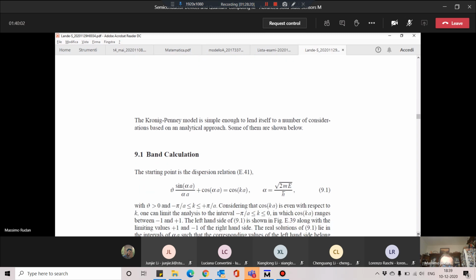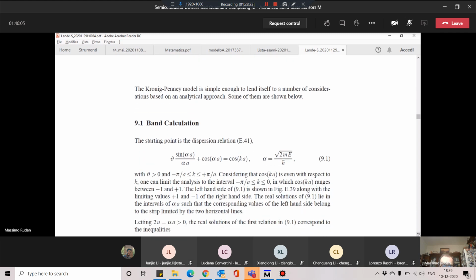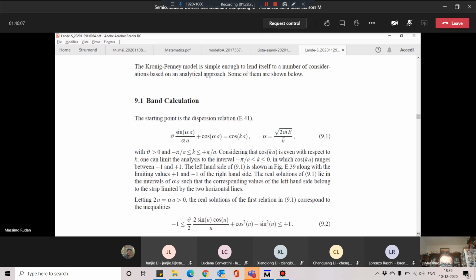Here we can start again with this function and see how we can calculate in practice the shape of the bands using the Koenig and Penny model. The first observation is this. Obviously, we must confine ourselves to the case in which the right-hand side of equation 9.1 is between -1 and 1.